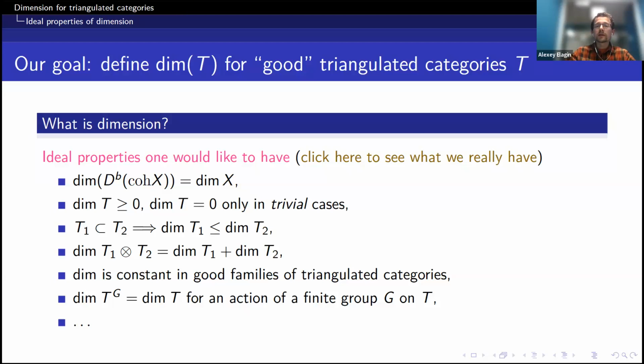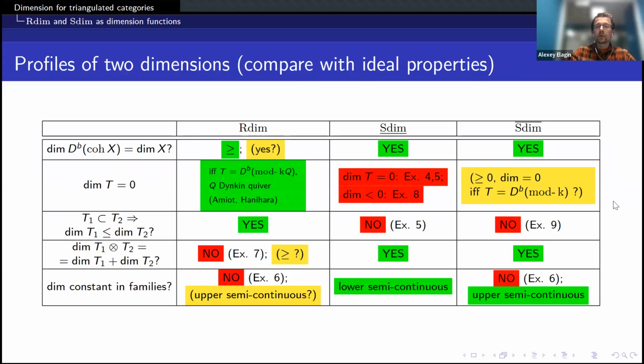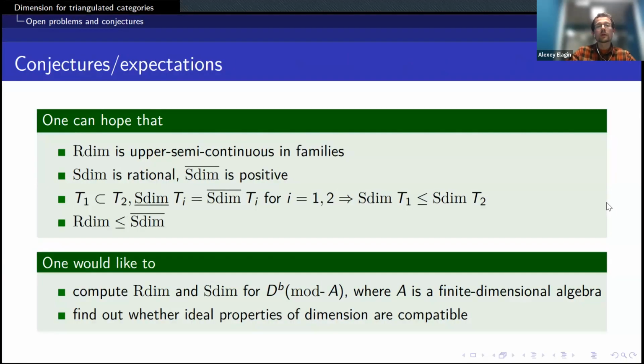But what we can say is that Rouquier dimension and Serre dimension are not very good in the sense of these properties. And also there are very many open questions and open problems that one could work on.